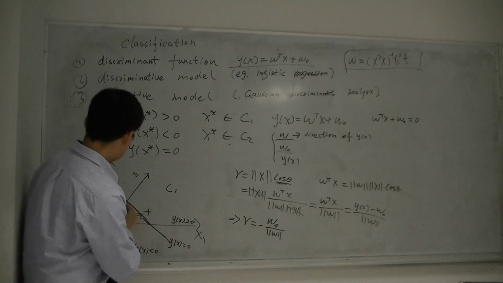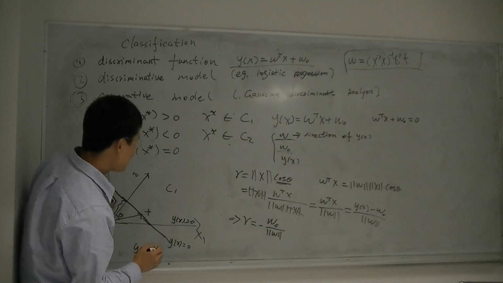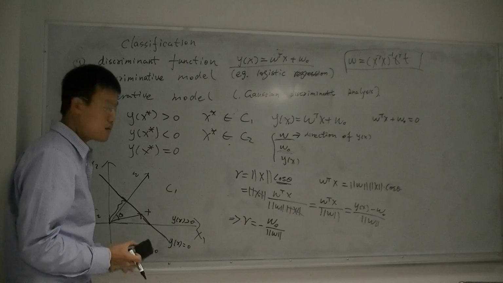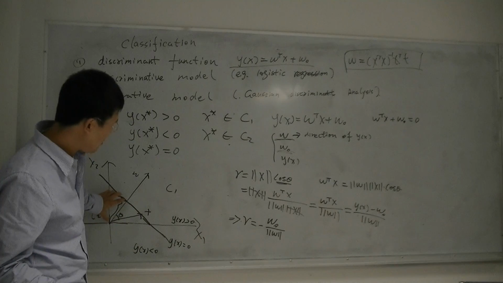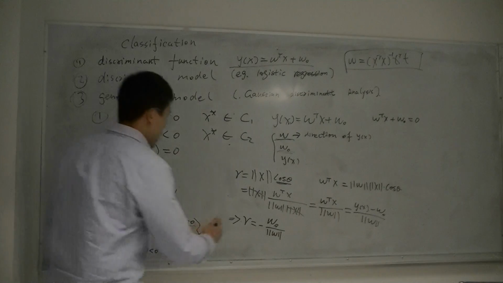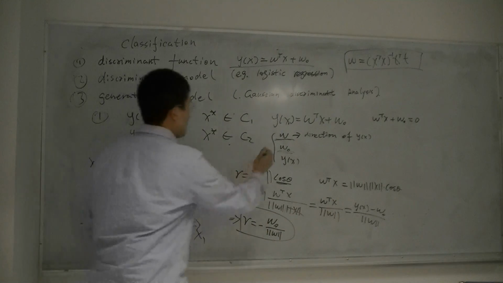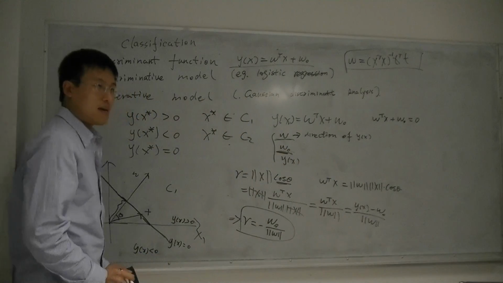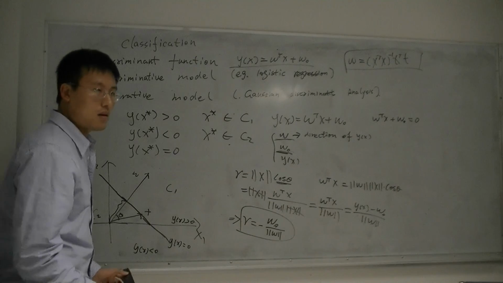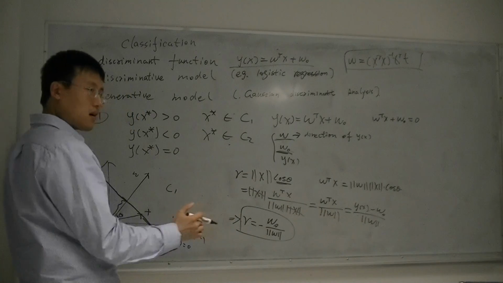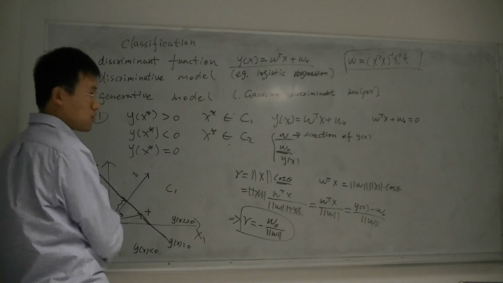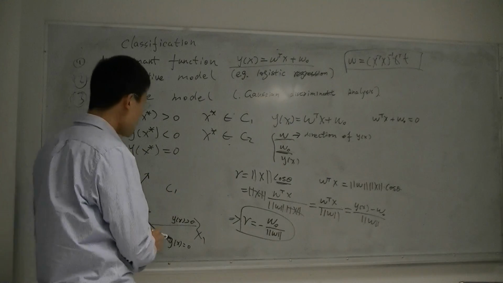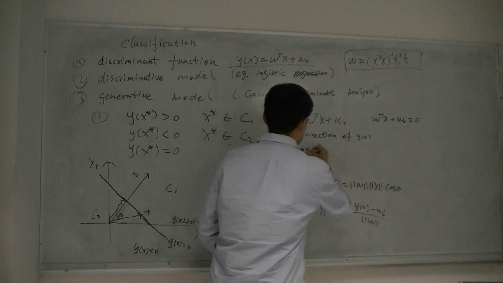So r is the distance from the origin to the classification boundary. According to this, we can see omega 0 gives the threshold, or distance, how far the classification boundary is away from the origin, right? So here is the threshold.